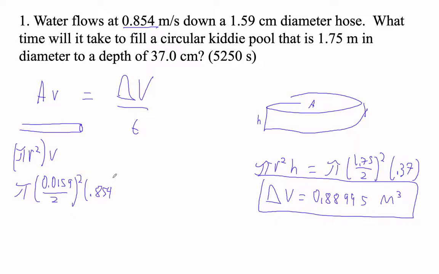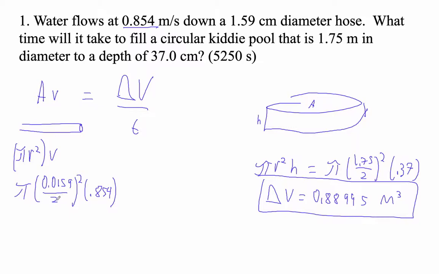Meters per second. All right, I can do this. So pi times 0.159 divided by 2 squared times 0.854.